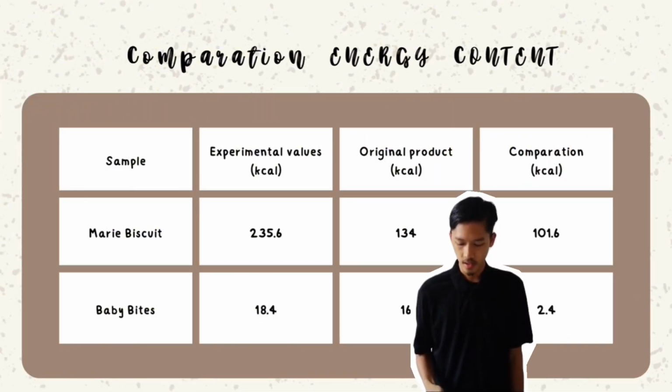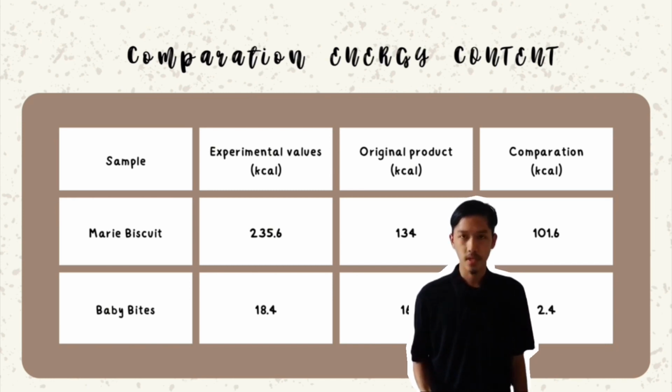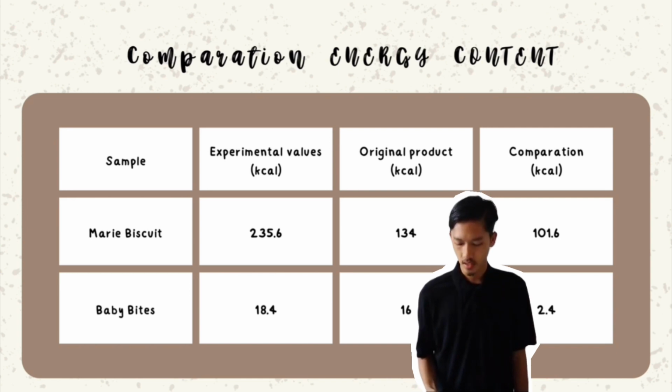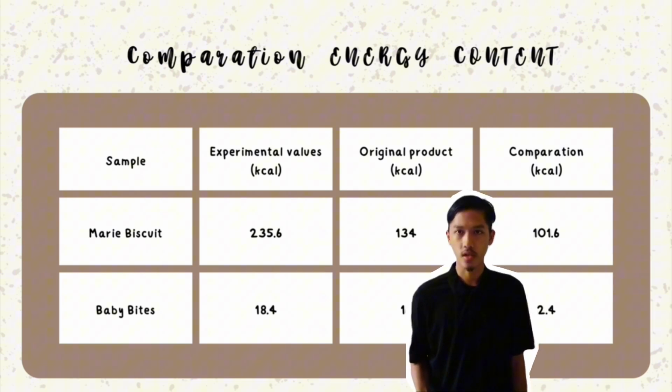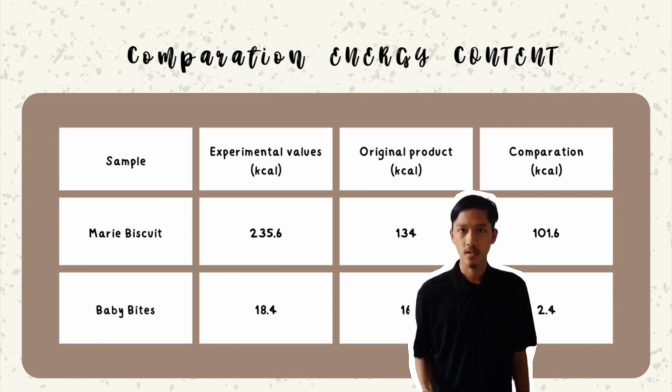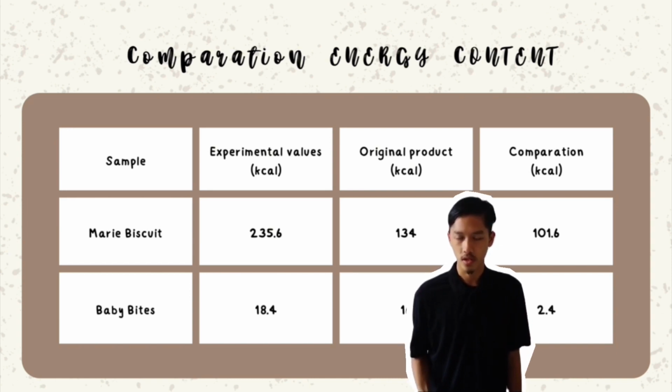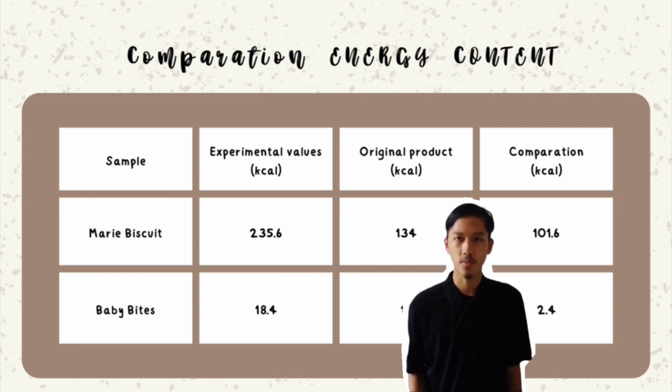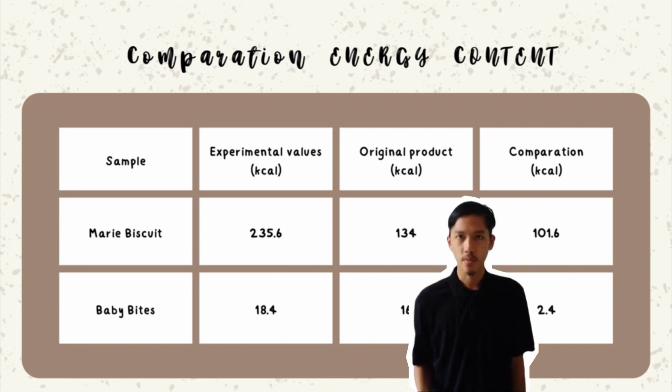Energy content. For the sample of Mary Biscuit, the experimental value in kilocalories is 235.6. For the original product, also in kilocalories, it is 134. The comparison between the experimental value of energy content and the original product is 101.6.